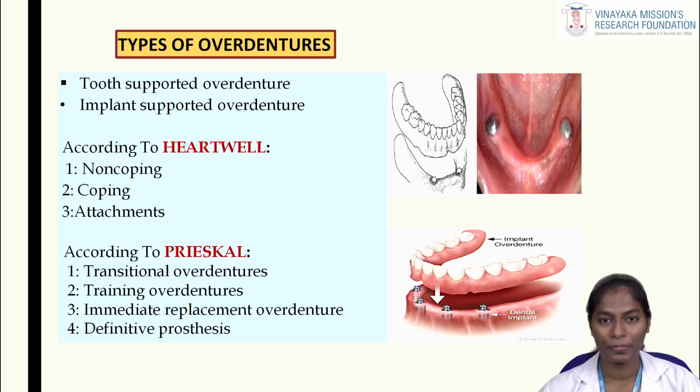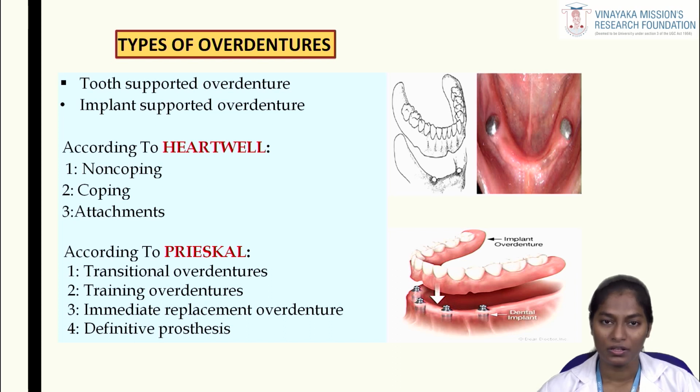According to Hartwell, he described coping, non-coping and attachment retained overdentures. In the non-coping type, the exposed root surface has been left just like that in the mouth after tooth preparation without any covering.